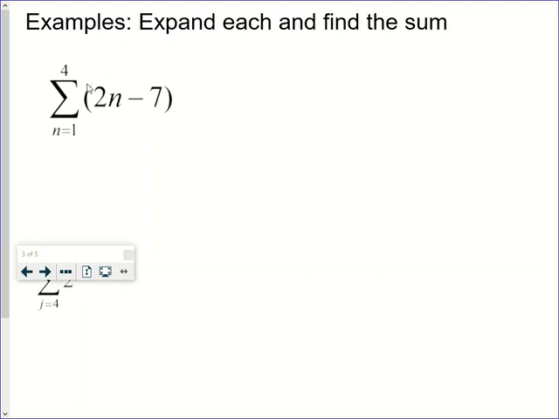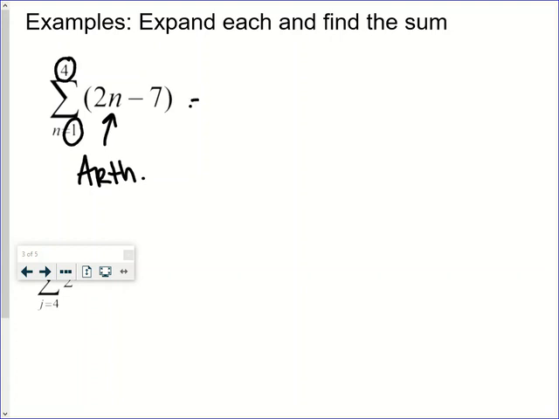So since it's 2n minus 7 and there's no exponents, you know that this is an arithmetic sequence that you guys have learned about already. So what we're going to do is expand it out, and then we're going to find the sum. So we're going to start at 1, and we're going to go all the way to the 4th term.